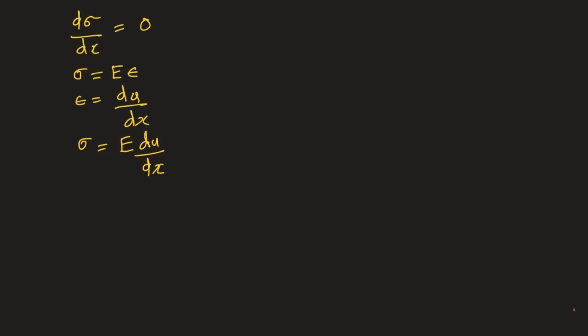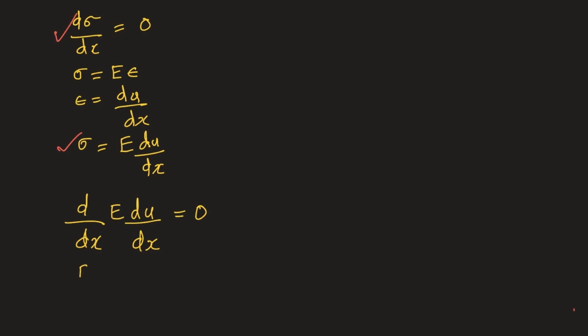Now we will substitute the value of sigma from this equation in the equilibrium equation. So what we get is d by dx of sigma, which is equal to E du by dx, is equal to 0.